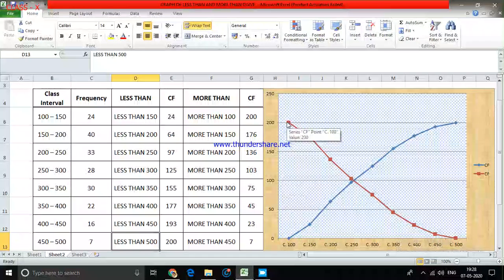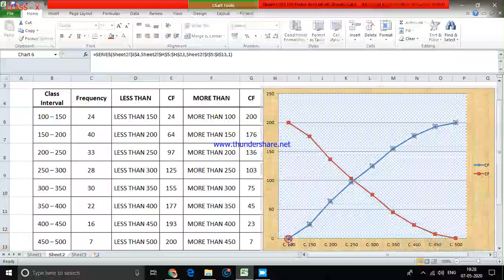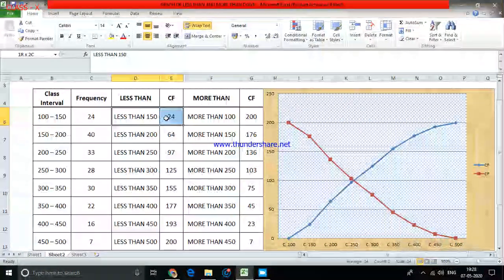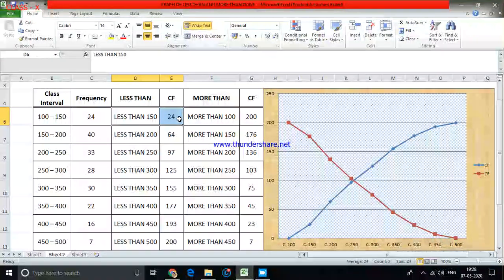Okay, so I know the graph which is going from down to up is the less than type. The graph which is from top to bottom will be the more than type. So in the less than type, 100 is taking 0, because my less than type values are starting from 150 comma 24. So if 100 is there in the graph, it has to go as 0.